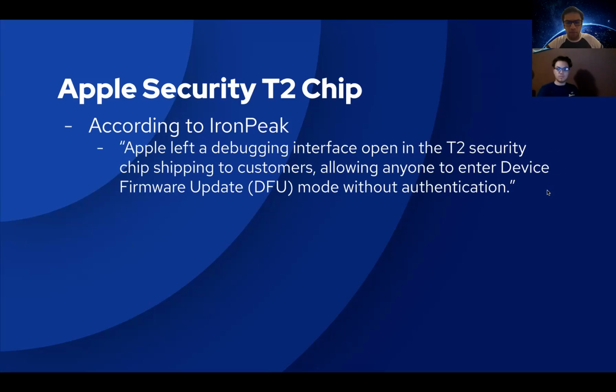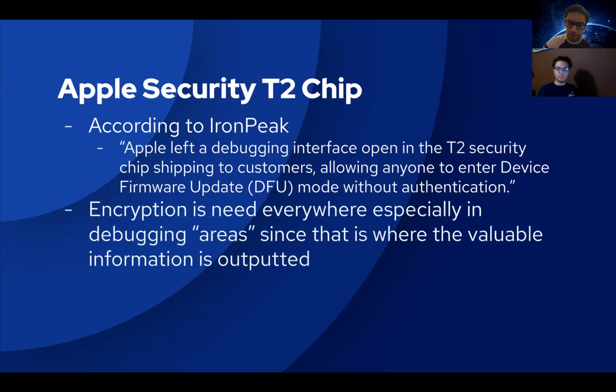So with this security chip being flawed, users are able to put the chip into developing mode and actually change the code of the security chip. And this is because, again, of the debugging interface, somewhat similar to what we saw in Intel.